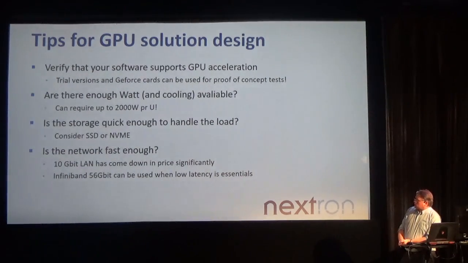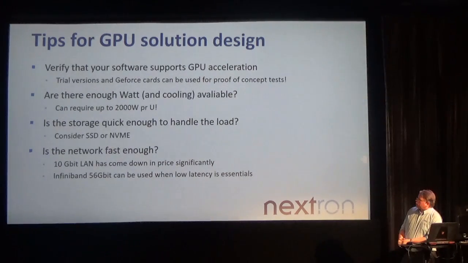And if 10 gigabit is not enough, then there are faster options. InfiniBand is a preferred method of communication in high-performance computing environments. You can get that in 56 gigabit or even 100 gigabit. But at those speeds, the cost of the switch is significant.